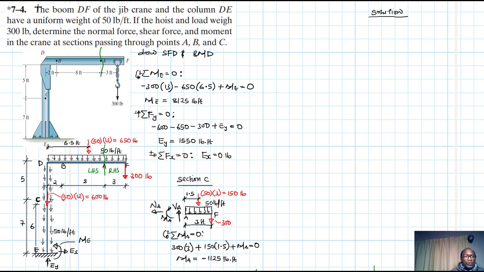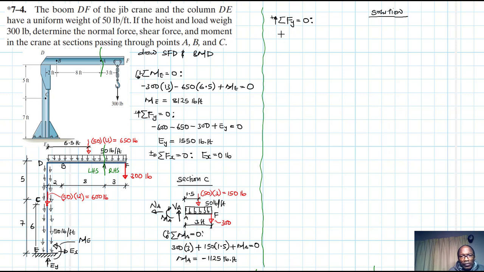Okay, so let's move on to the next space. So let's find the shear force. So summation of forces in the y equal to 0, going up being our reference.